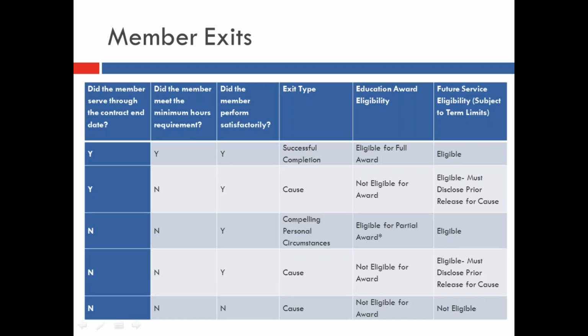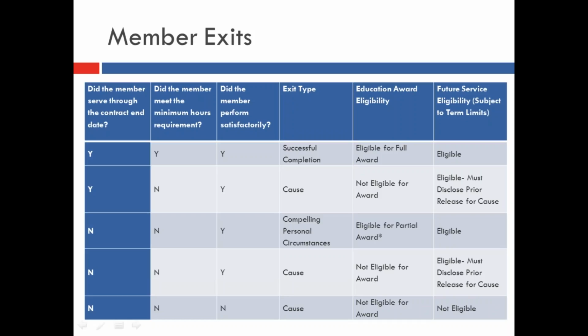The difference between the second row exit and the others is that the member in the second row serves through the entirety of their contract term. So if their member contract is from August to August, they serve that whole time period, but they just didn't meet their hour requirements.